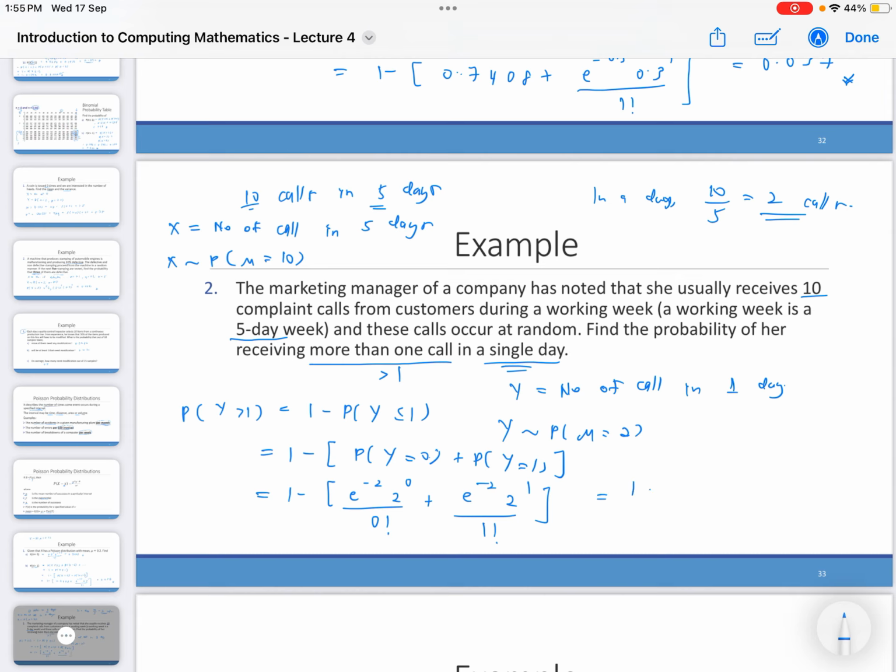So this is 1 minus the bracket of 0.1353 plus 0.2707. The final answer is 0.5940.